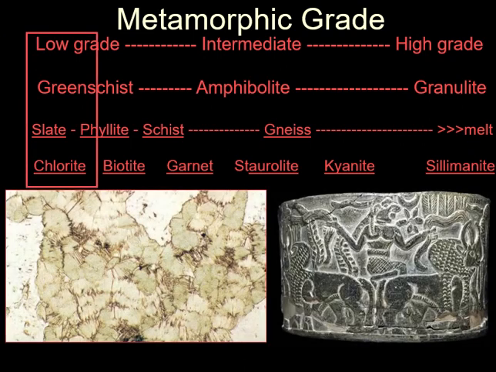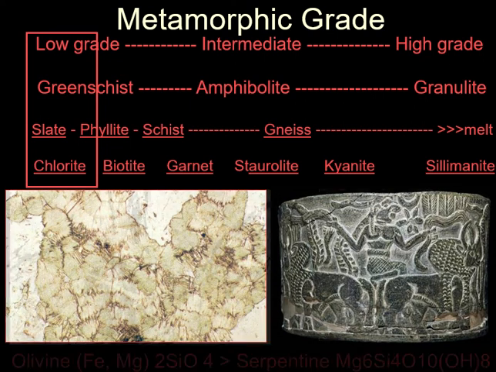So an important low-grade metamorphic rock is chlorite schist. It's lower than this schist, but they're still called schists. This is mostly made of chlorite, as you can see, and is a very useful soft material for making things with, as you might have noticed by now.